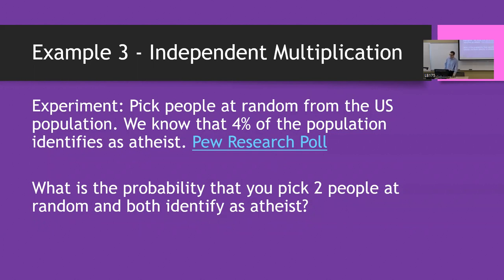So we can assume independent multiplication if you're picking out of really, really big groups and the percentage doesn't change from your first to second pick. So let's ask the following question. What's the probability that you pick 2 people and both identify as atheists?